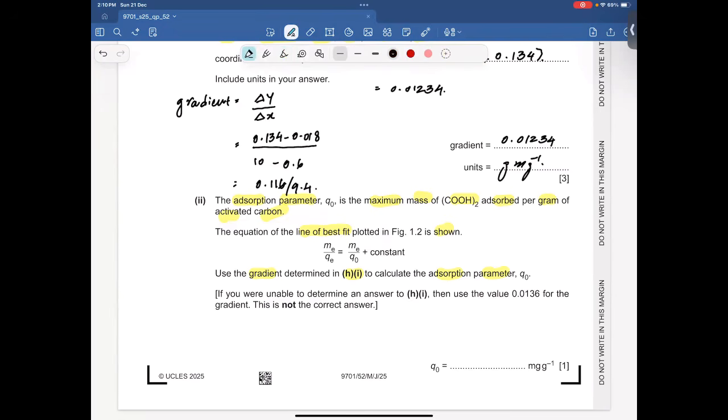So basically it's Me over QE, and that represents y, equals 1 upon Q naught, and that 1 upon Q naught is basically the gradient, which is represented by m, into Me plus constant.